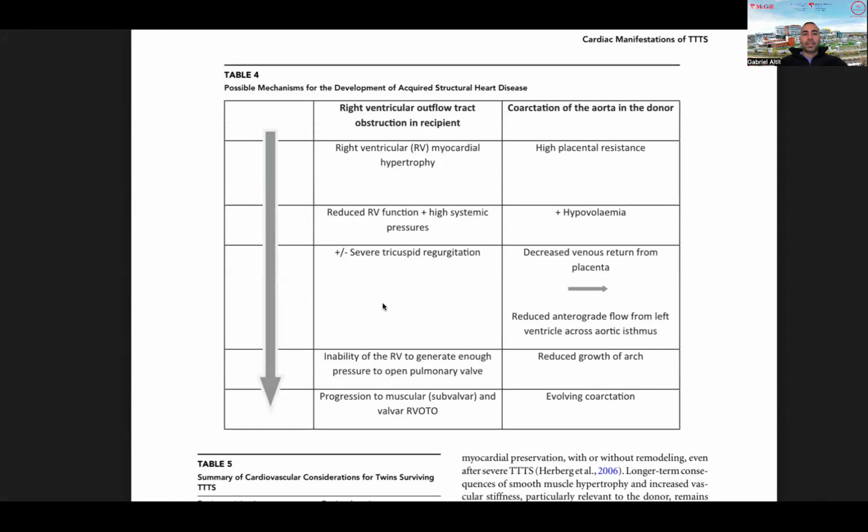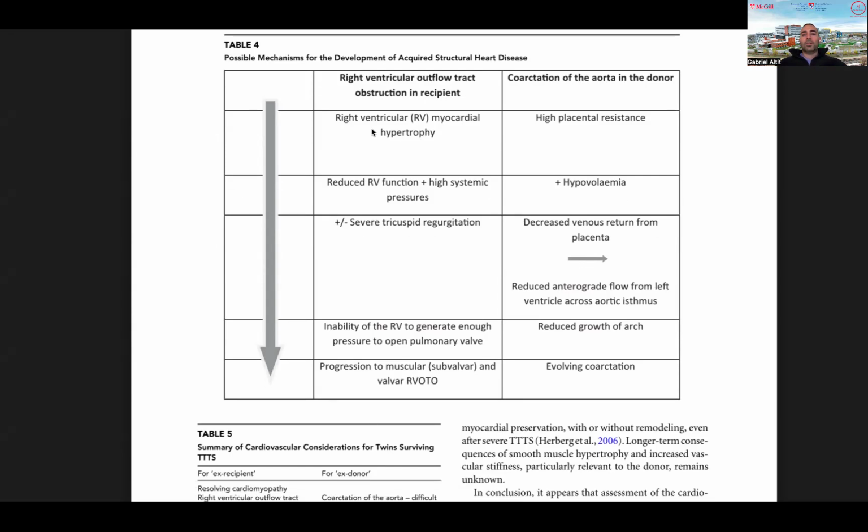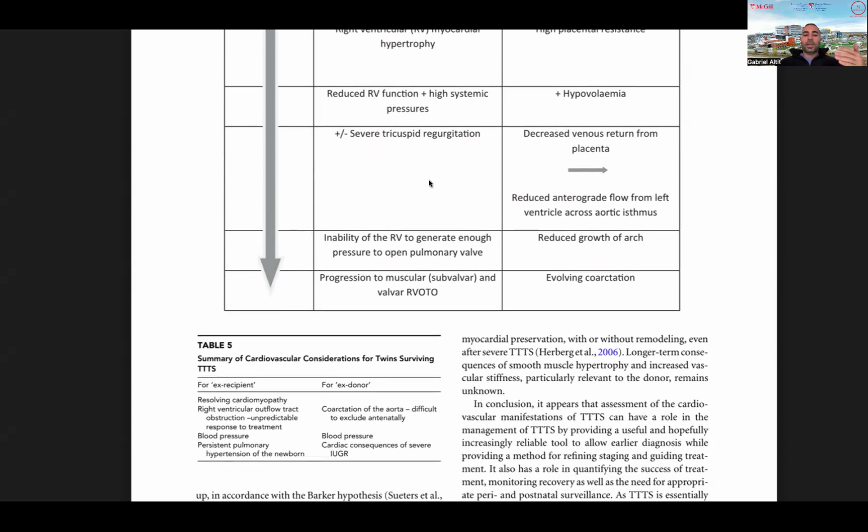And most importantly, they provide this great table where they explain why the recipient twin is at high risk of developing right ventricular outflow tract obstruction, and why the donor twin may be at risk of developing LVOT slash aortic arch issues, so the systemic outflow tract, just based on the physiology and the loading conditions during embryology. And so these patients in general are at risk of developing some signs of valvular RVOT obstruction because of the myocardial hypertrophy and the various loading conditions that they get.